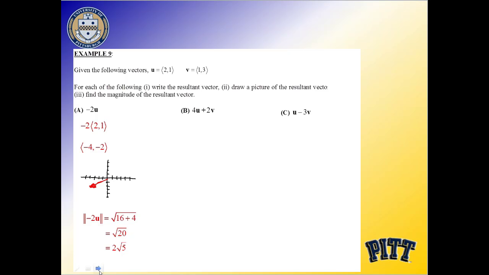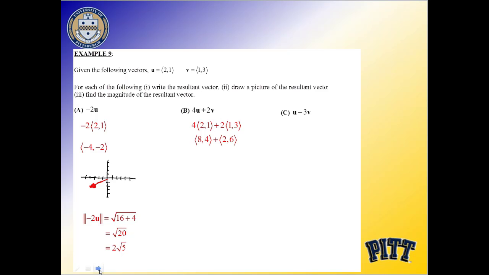4u plus 2v means I'm going to do 4 times the vector 2, 1 plus 2 times the vector 1, 3. Of course, as before, I'm just going to multiply those numbers through and get 8, 4, and 2, 6 as my two vectors. Now, when I add two vectors together, or subtract for that matter, all I do is add the first components together and add the second components together, or subtract, whichever the case may be.